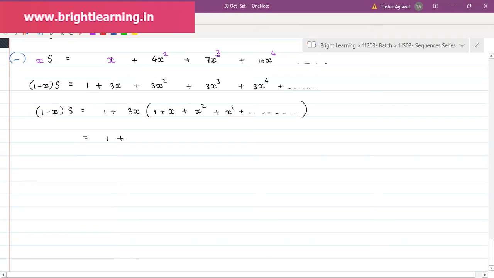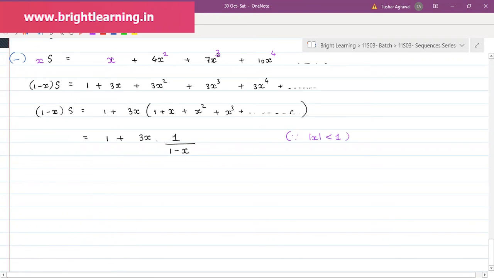1 plus 3x into, now what is this? Sum of this geometric progression is A upon 1 minus r. R is x only. Modulus of r is less than 1, since modulus of x is less than 1.